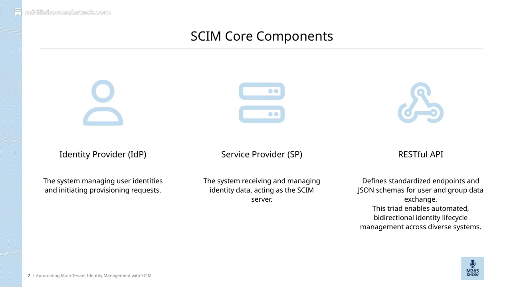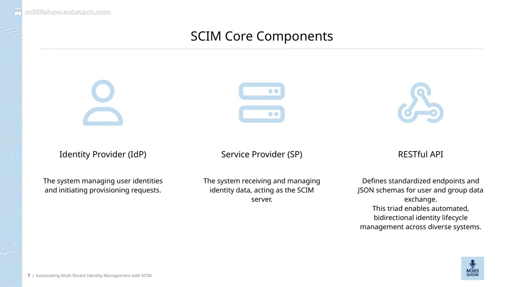The API acts as the SCIM server, the system that receives and manages identity data. Then we have the service provider, or SP, which is responsible for managing user identities and initiating provisioning requests. It interacts with the SCIM server to keep user data up to date.